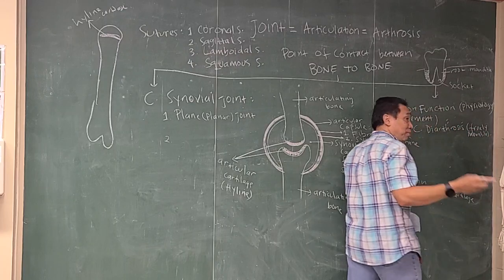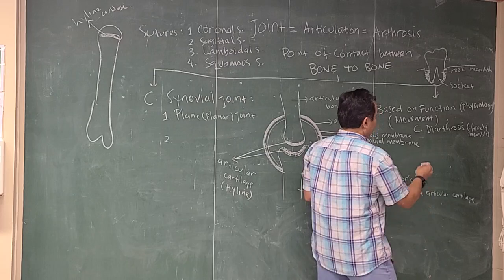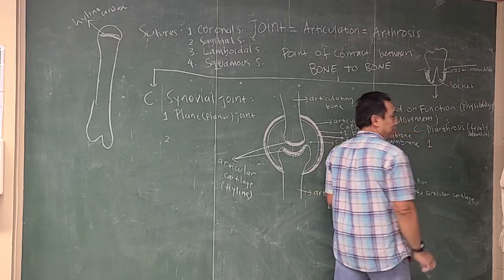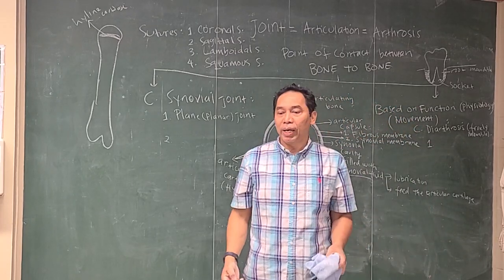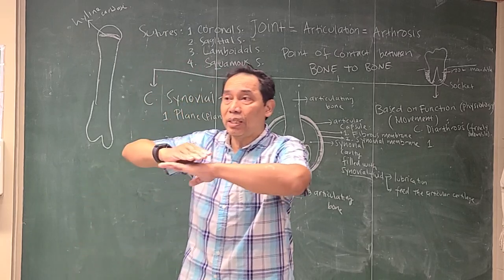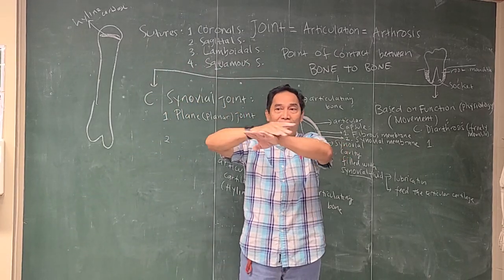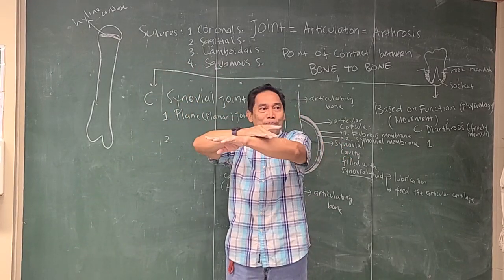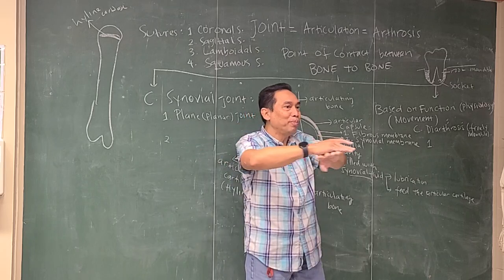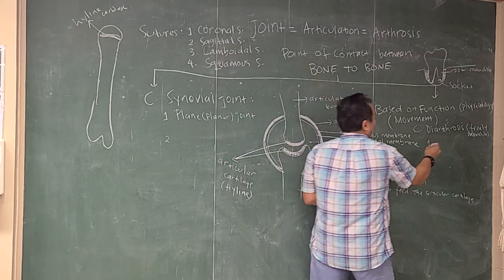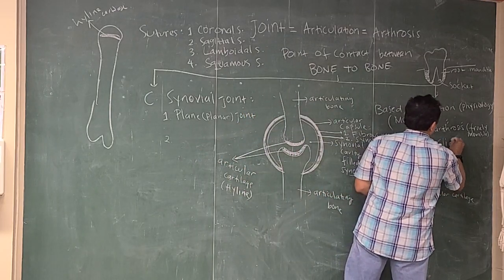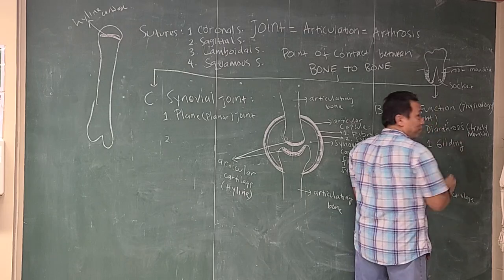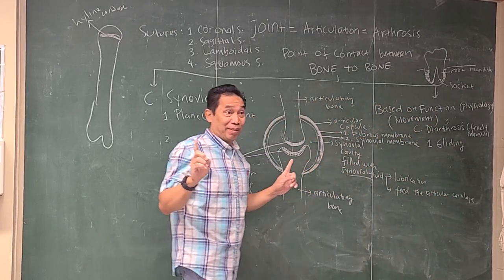There are several types of this movable joint. First, when the bones are rubbing together like this, boom, boom, boom, that type of movement is called gliding. That's the name of the movement.